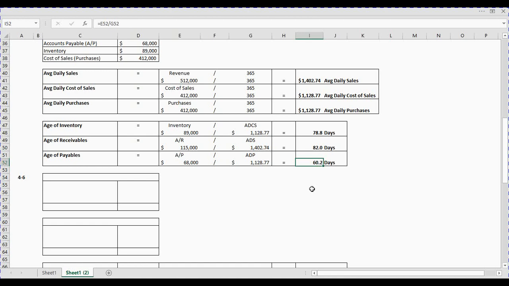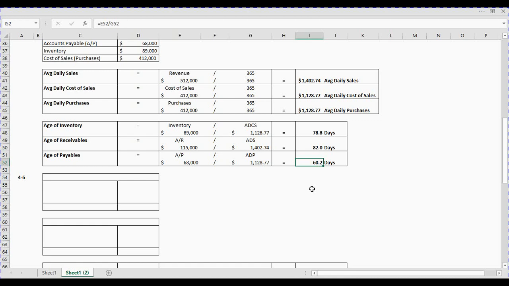And so 60 days of payables, on one hand, it's free money or inexpensive money unless they are charging us interest on it because it's so delinquent. But on the other hand, we might say we're not running the business very well because we don't have enough cash flow to keep our payables current.